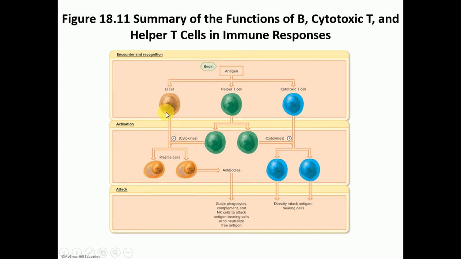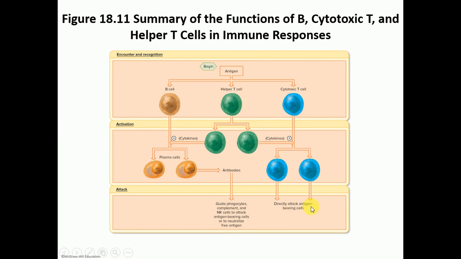Now the B cell is activated. It'll start making these plasma cells, and plasma cells again are your antibody factories, and antibodies are going to attack the antigen. If we're talking about this cytotoxic T cell, that again is activated by cytokines from the helper T cell. And these cytotoxic cells, even from the name, tell you that I am toxic to cells, okay?